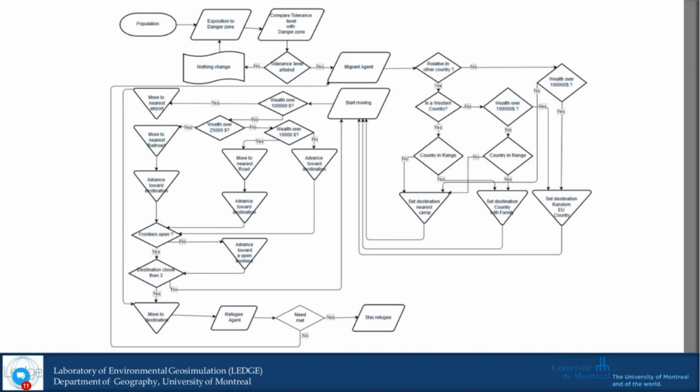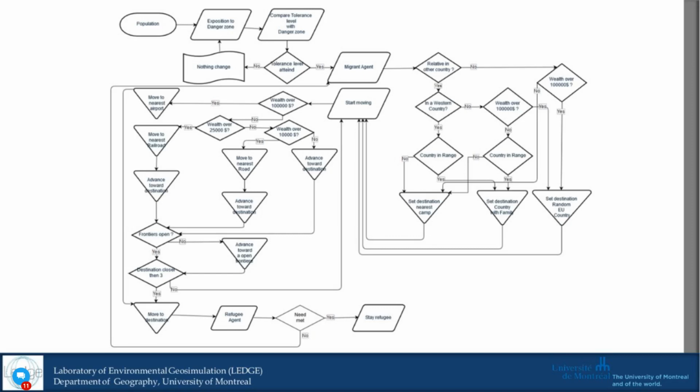We stopped tracking these agents from the refugee camp to outside, like to Europe or to Canada, to the States, elsewhere, because it was difficult for us to establish how to track them and how to make that decision possible.